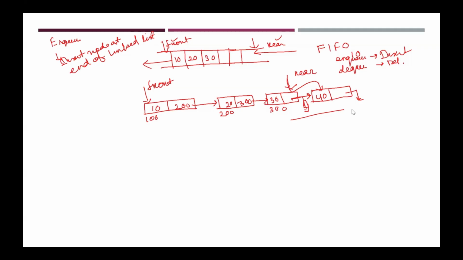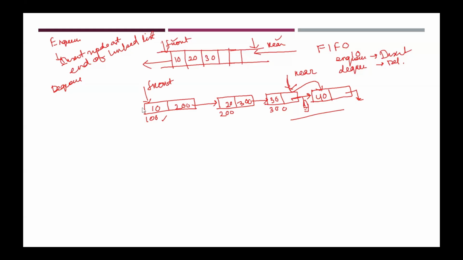For example, we want to delete. Deletion means the element inserted first is going to be deleted first. Which element was inserted first? That is the 10. So we use the front end for the deletion. For example, we have to delete this node right now. The deletion operation we call DQ. If I make front equal to front next, deletion is over.